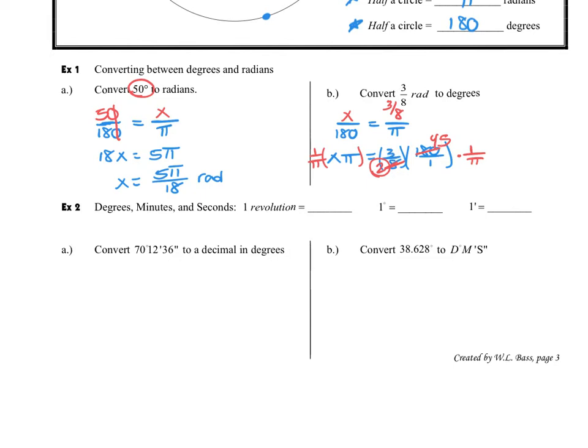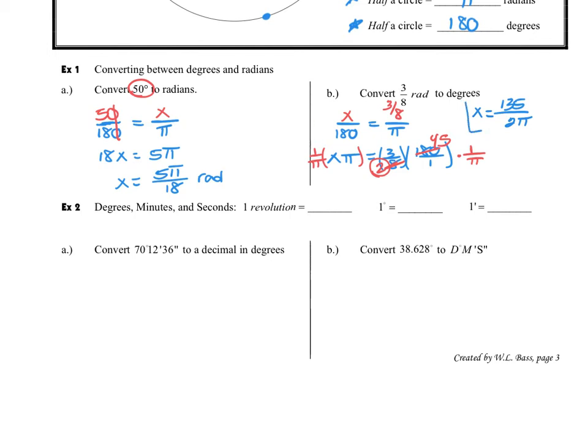That's going to give me my 135. And my 2 and my pi here. So I'll have my 2 pi, and then this is going to be my answer in degrees.